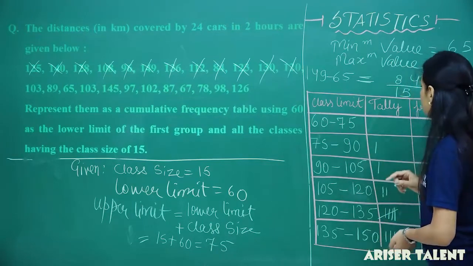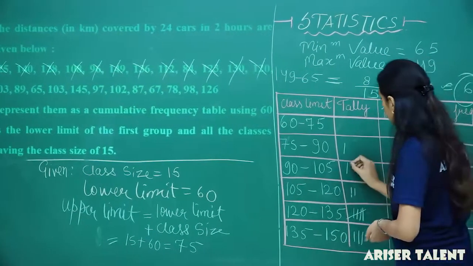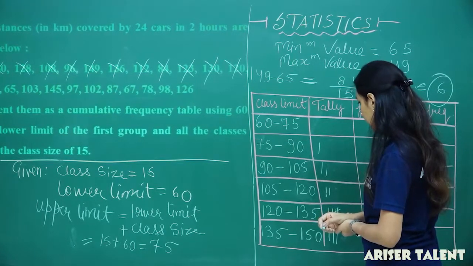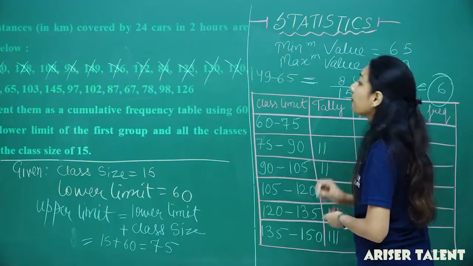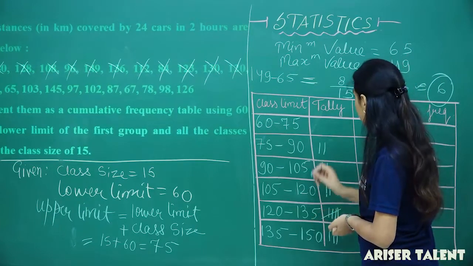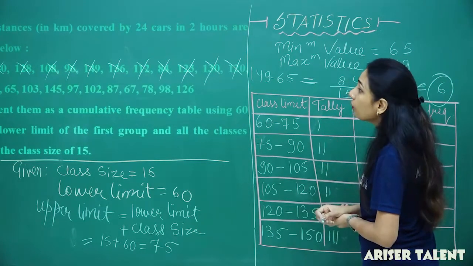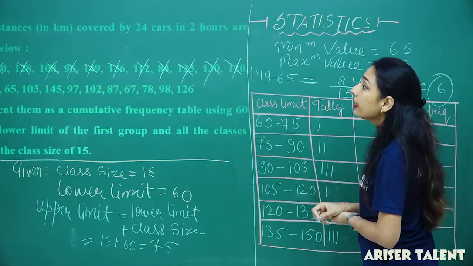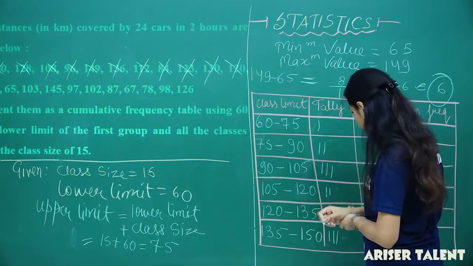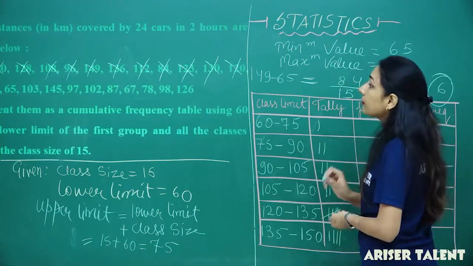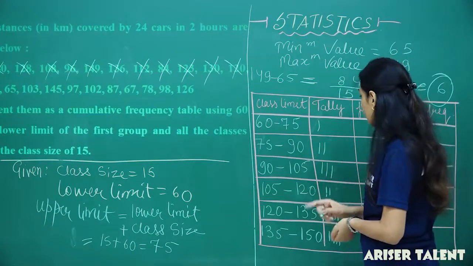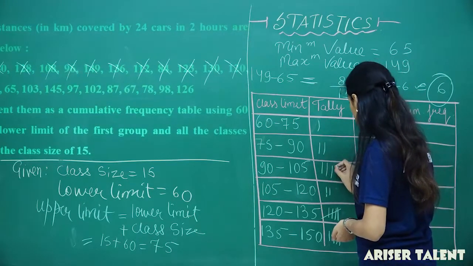Now we'll go with 103. 103 is here. Then 89 here. Then 65 here, 103 this side, then 145 lies there. After 145 there is 97, 97 is here.